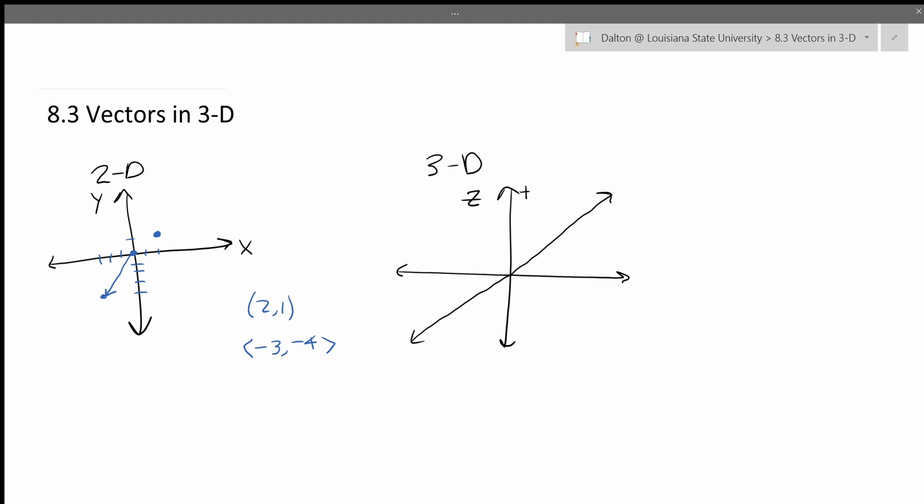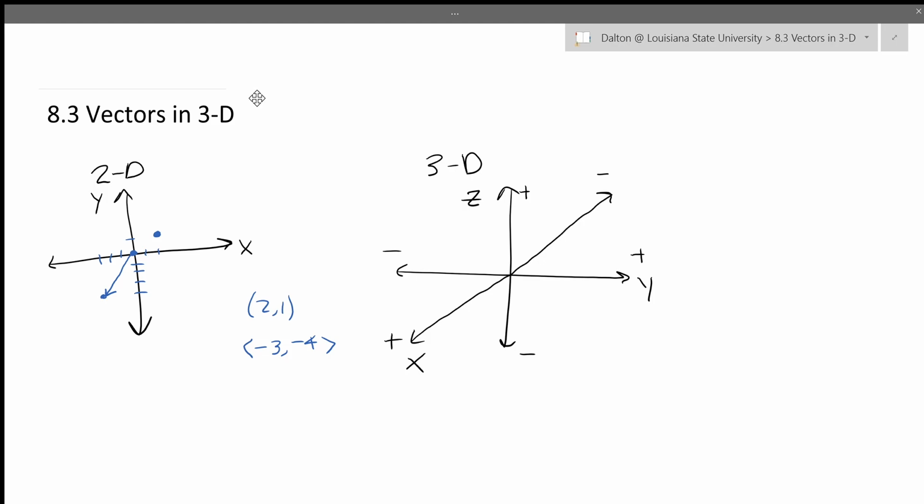And so this is positive Z and this is negative Z. The horizontal axis is the Y axis. Positive over here to the right, negative over here to the left. And then the axis that's popping out at you is the x-axis, positive toward you and negative away from you. Okay, so that's the third dimension in terms of graphing.